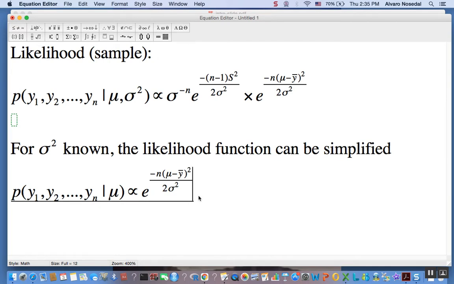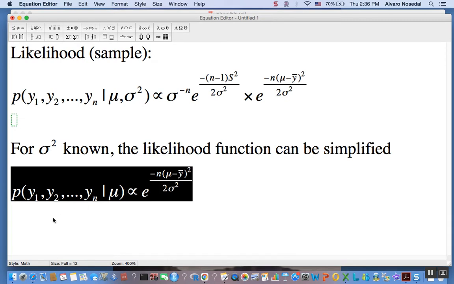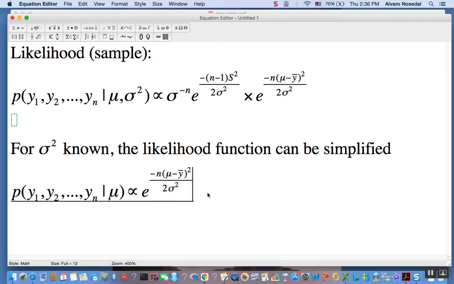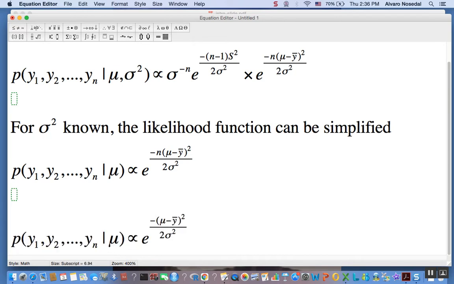Now let me make a couple of additional observations about this expression. Note that the expression is equivalent to the following expression: we could be dividing by n here, since sigma squared divided by n is the same as this.